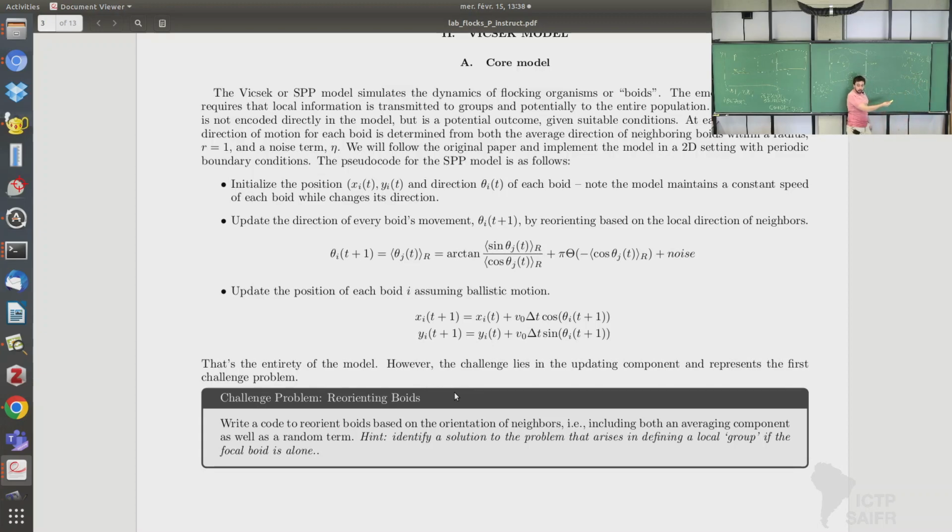I'm sure you know how to calculate distances based on positions. And then you just need to mask this list to tell the code the neighborhoods. Okay, let me actually make some order here.